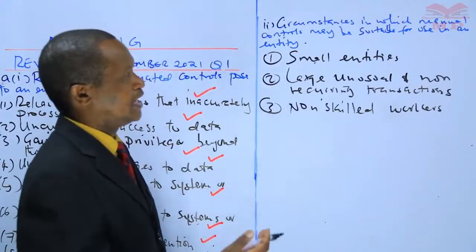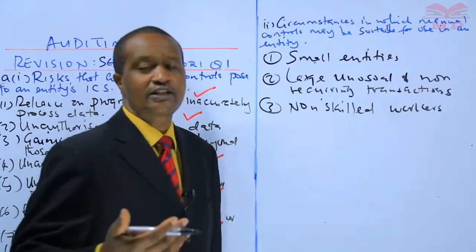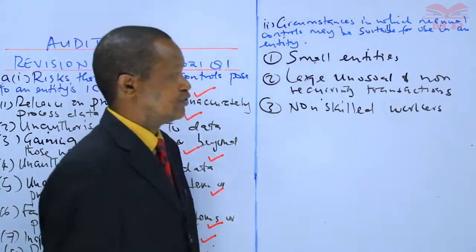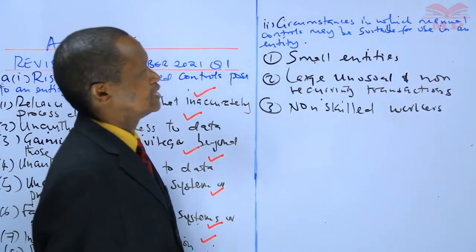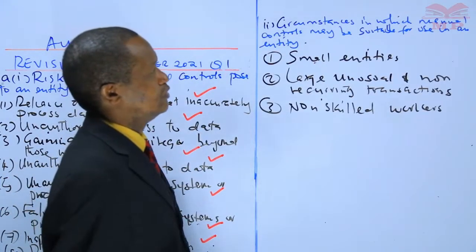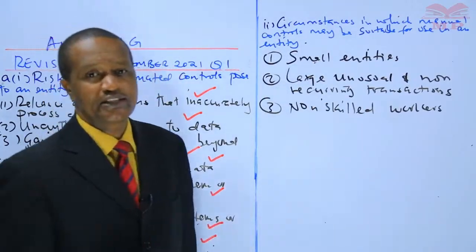All right, to have automated controls, then there are certain skills that are required of the workers. But if workers do not have certain skills and competencies, then that is a situation for installation of manual controls in an organization. Okay.